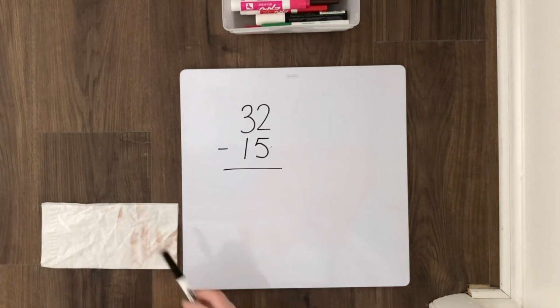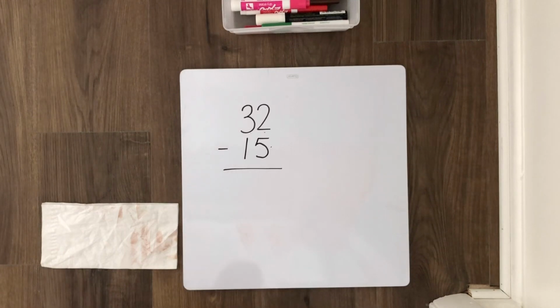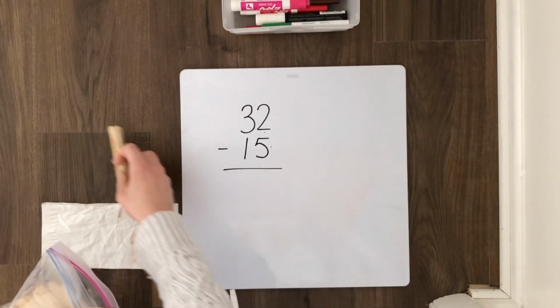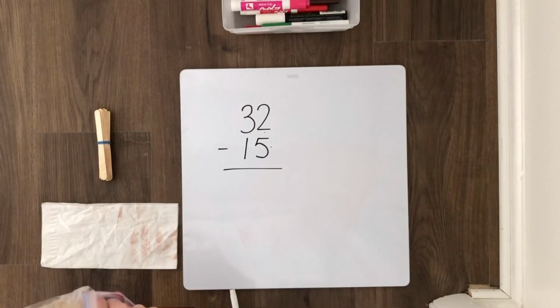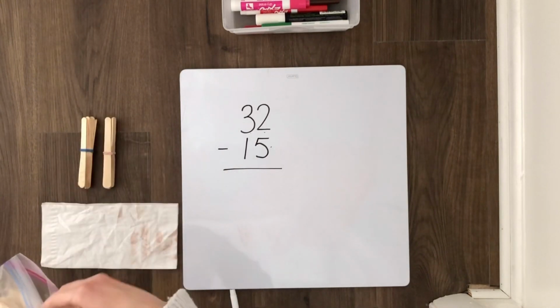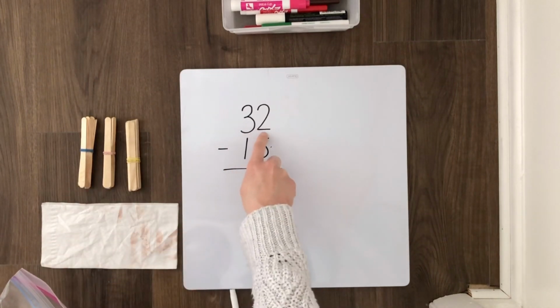Okay, so our starting number is 32. That's how many we are starting with. I would like you to get out 32 popsicle sticks. Remember, each bundle that we made is worth 10. So that's 10, 20, 30. Then we just have two groups of one.